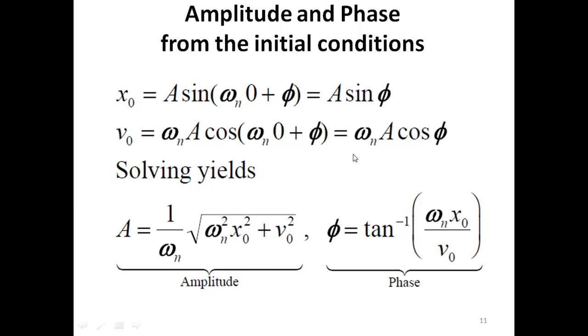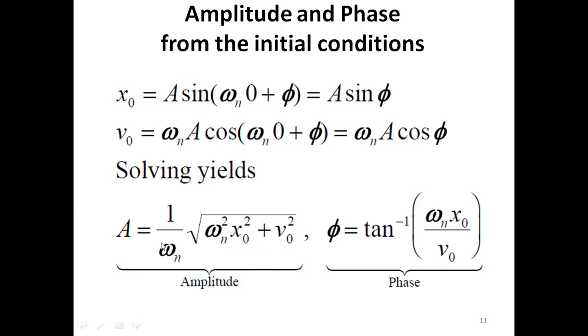So then on this side we would have ω_n² A² equal to ω_n² x₀² plus v₀². And then we are taking the root on both sides because we want to find A, not A², and bringing the frequency terms to this side, capital A would be equal to 1 over ω_n under the root of ω_n² x₀² plus v₀².